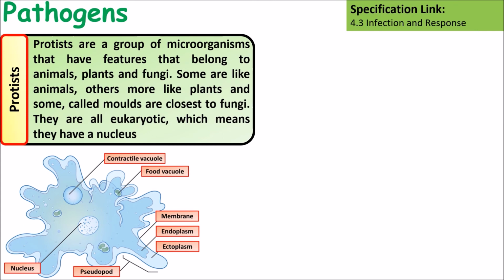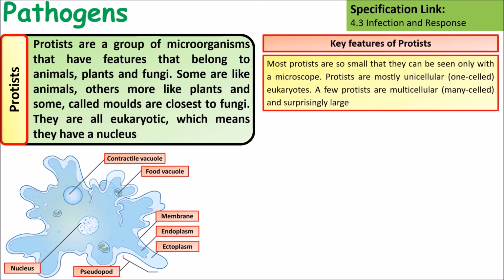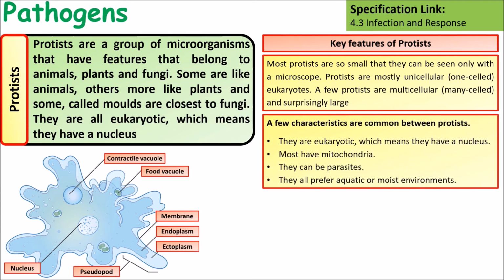Protists are a group of microorganisms that have features that belong to animals, plants and fungi cells. So some of the key features are that most protists are small, so they can only be seen with a microscope. So protists are mostly unicellular, which means they go around as just a single cell. They can either be eukaryotic or prokaryotic.